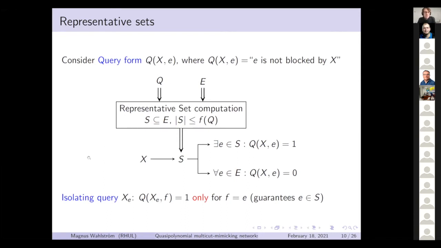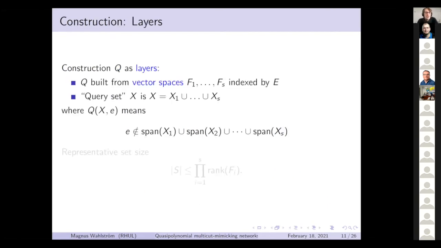So X sub E can be exponential time to compute. Like X sub E would usually depend on the actual solution. So with a little bit more detail, what we're actually doing in constructing Q, as I said, there is some linear algebra in the background.